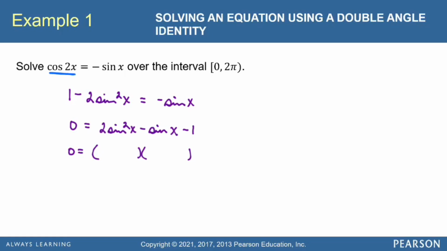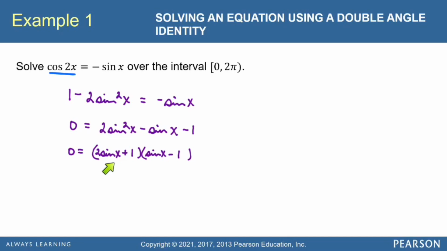So this is a trinomial that we will factor by reversing the FOIL process. It's going to factor into two binomials. So 2 sine squared x is going to break down into 2 sine x times 1 sine x. Last times last made a minus 1. So the minus tells us that the signs need to be different, and the 1 tells us that we're going to need 1 times 1 here.